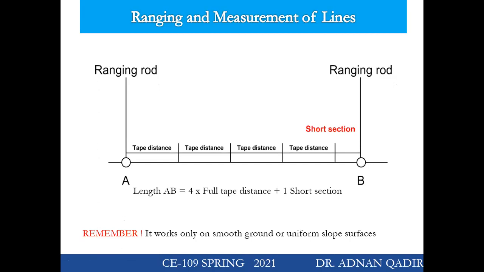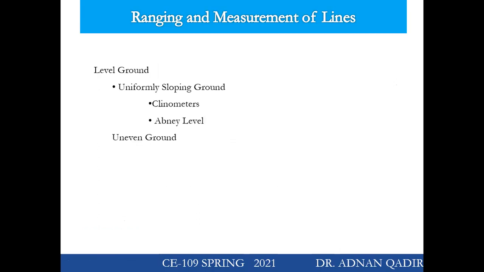So here it's very simple, this is what I was talking about, and it works on smooth ground or uniform slope surfaces. 4 tapes and 1 short distance. So this may be 4 plus 20, maybe 4 plus 30, maybe 4 plus 10.